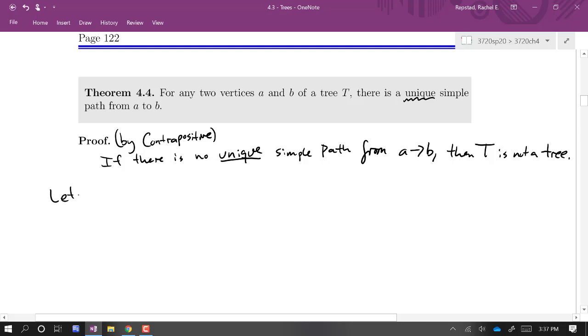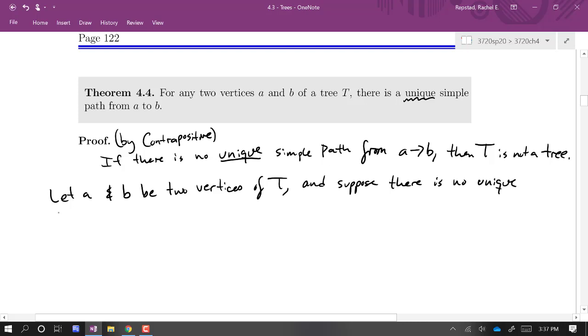So let's let A and B be two vertices of T. And suppose there's no unique path from A to B. So if there's no unique simple path from A to B, then one of the following is going to be true.